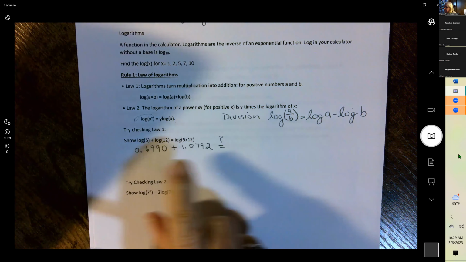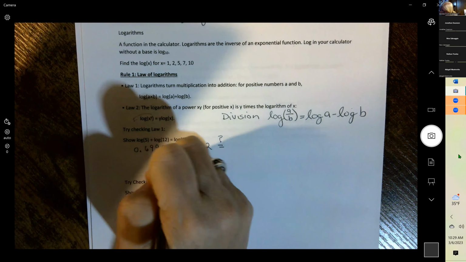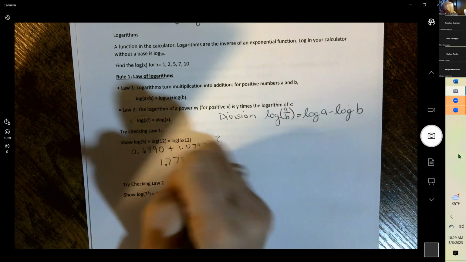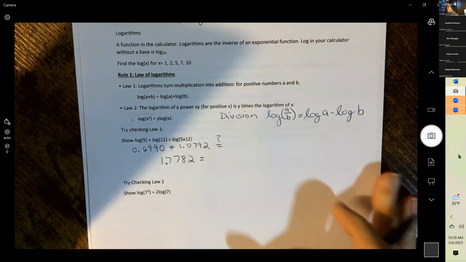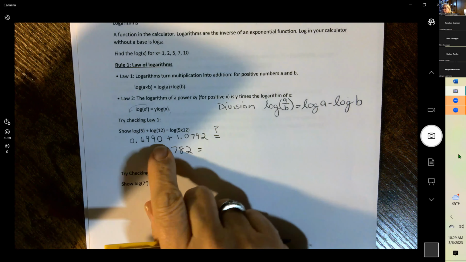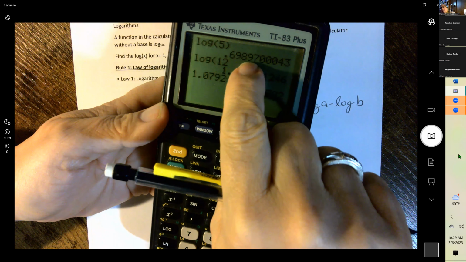Now I'm going to add these together. Are we allowed to round up like a decimal point? Yeah. Okay. Yeah, like this one here would have rounded up because it was 89.